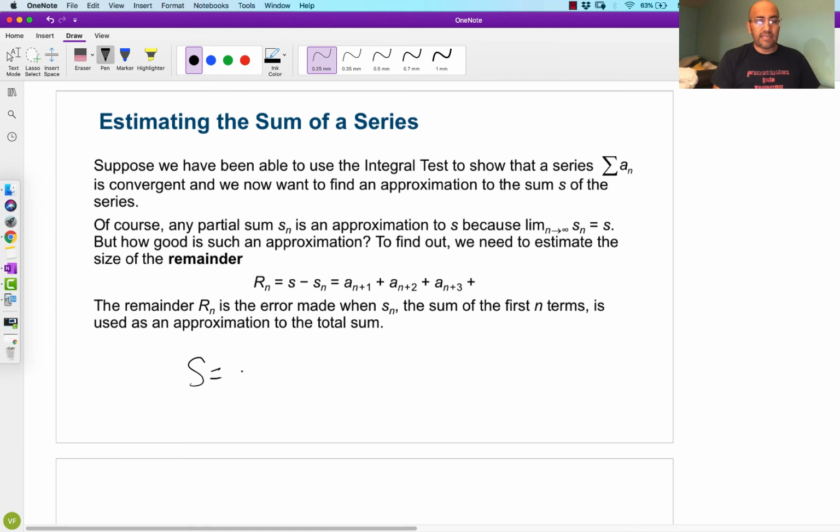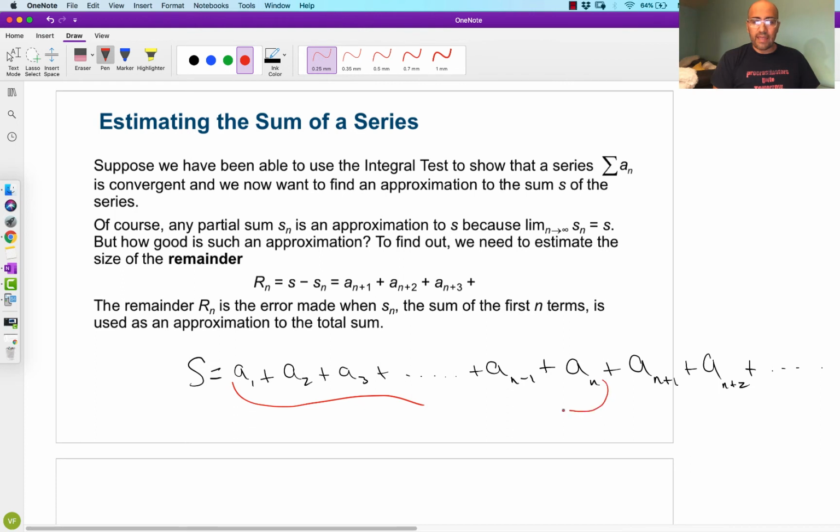So, since it converges to s, s is exactly equal to a sub 1 plus a sub 2 plus a sub 3 plus ... up to a sub n minus 1 plus a sub n plus a sub n plus 1 plus a sub n plus 2 plus ... forever, right? Okay, so the sum of the first n values, stopping at n, that's s sub n.